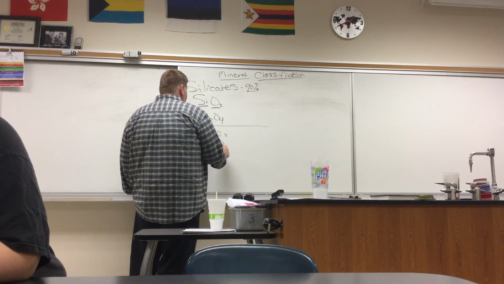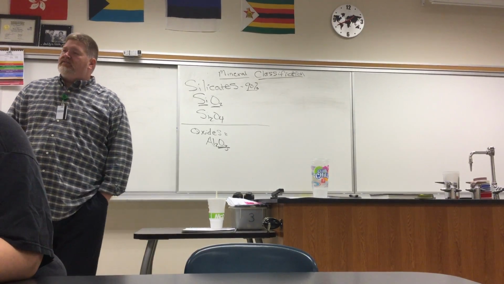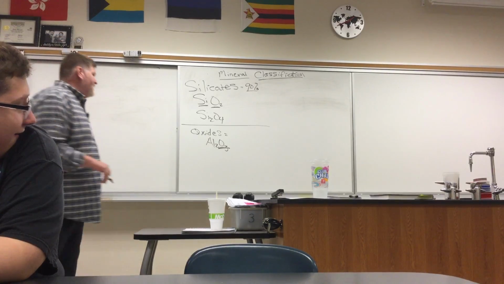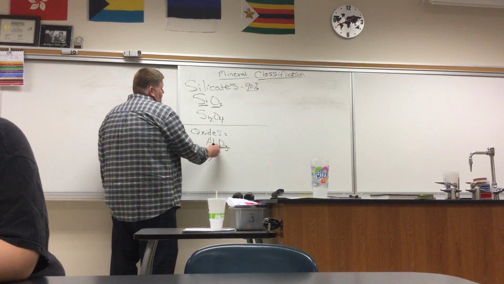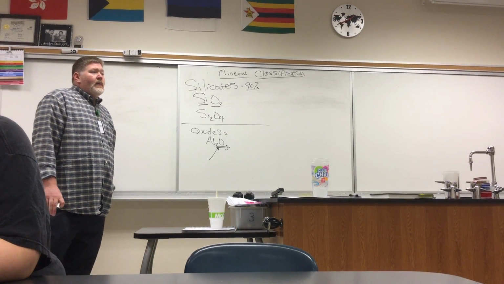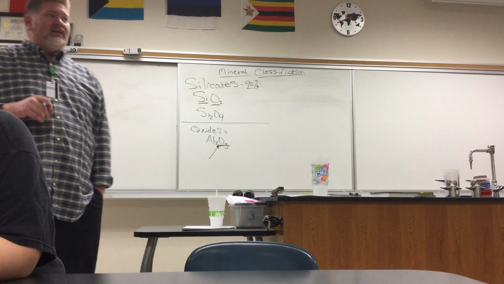Corundum is an element, a metal, bonded to oxygen. Look at the last element. The last element is oxygen, so it falls into the oxide variety when we classify them. So they're classified based upon the elements that make them up.